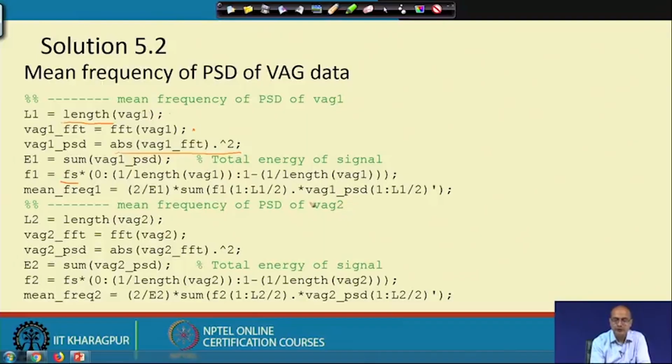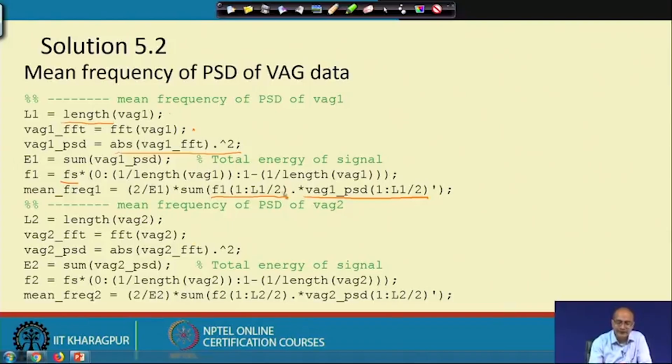We are not going the full length, we are going half of it, 1 to L1 by 2 for the frequency axis, and for the spectrum we are taking the dot product and we are taking the sum over this and divided by half of the energy to get the mean frequency.